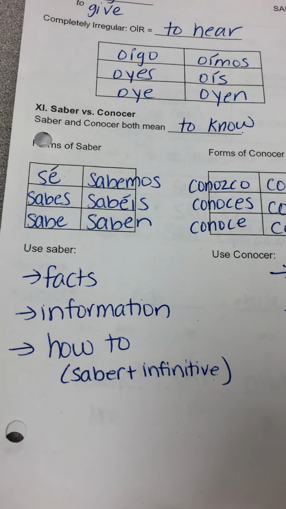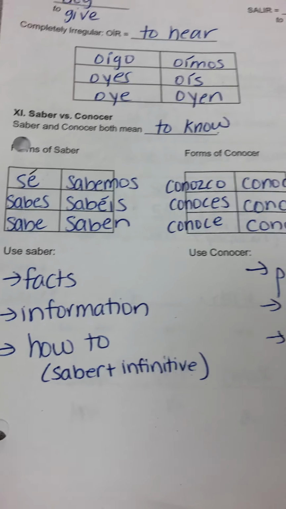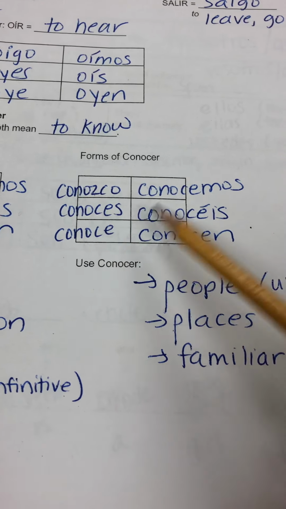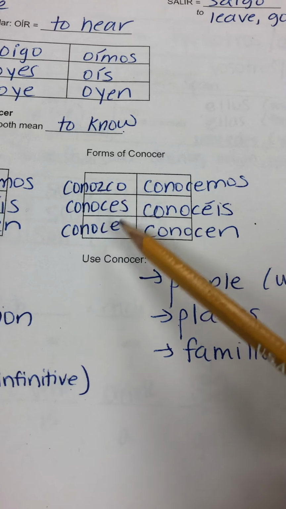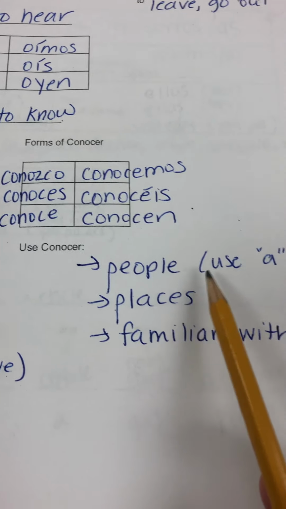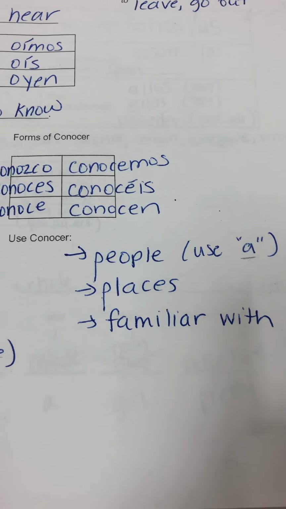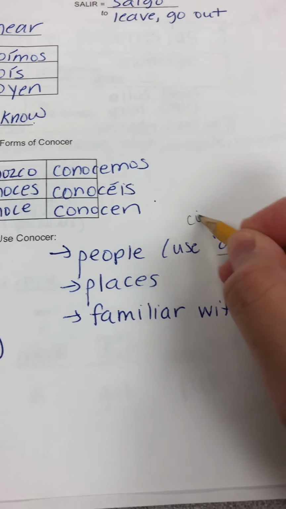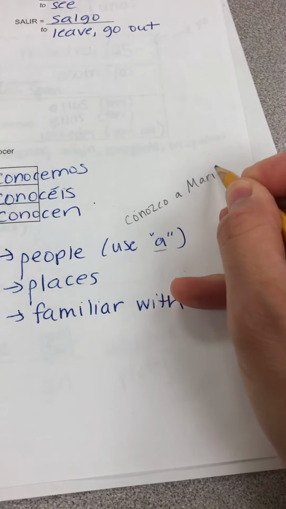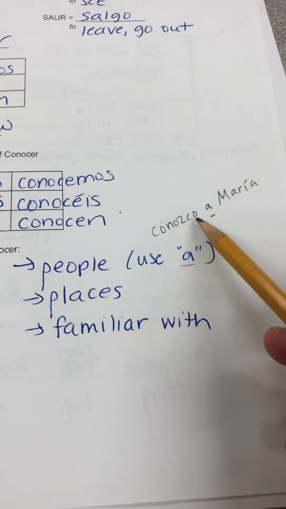All right, so when would I use conocer? Don't forget the yo form has that Z, so it's irregular in the yo, but the rest is normal. You chop and add your ER endings. We use conocer for people, and you're always going to see an a there. For example, I know Maria: conozco a Maria. That's called a personal a. That means the person is the object of your verb.